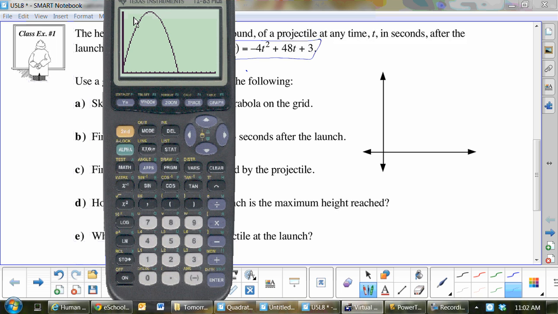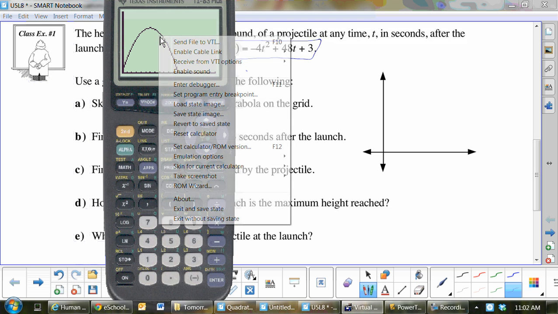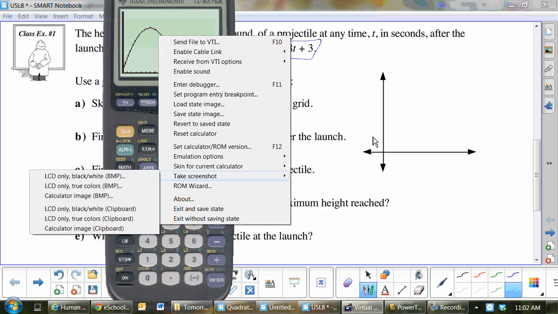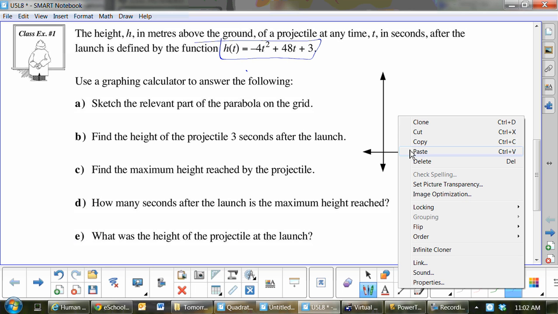So what I actually want is a bit more space above. So I'm going to make my y max like 200. Then I can hit graph. And now I can really see everything, as you'll see when I start typing. Now the first thing that the calculator asks, so can you just take a screenshot here and just draw this?